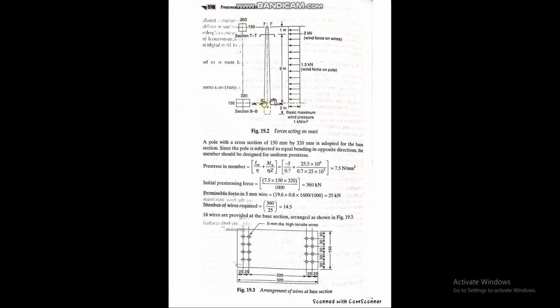Width of this face is taken as 150 millimeter. So we have to assume that first, and then simply if we calculate the area of this face on which the wind blast is coming, and then multiply with the intensity, we'll simply get the overall total load that is coming due to the wind blast.